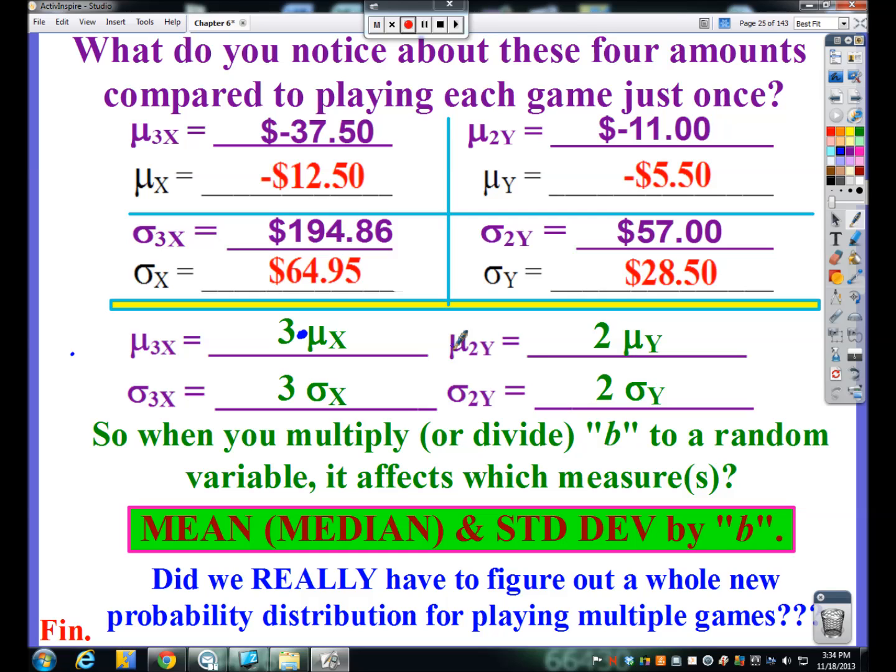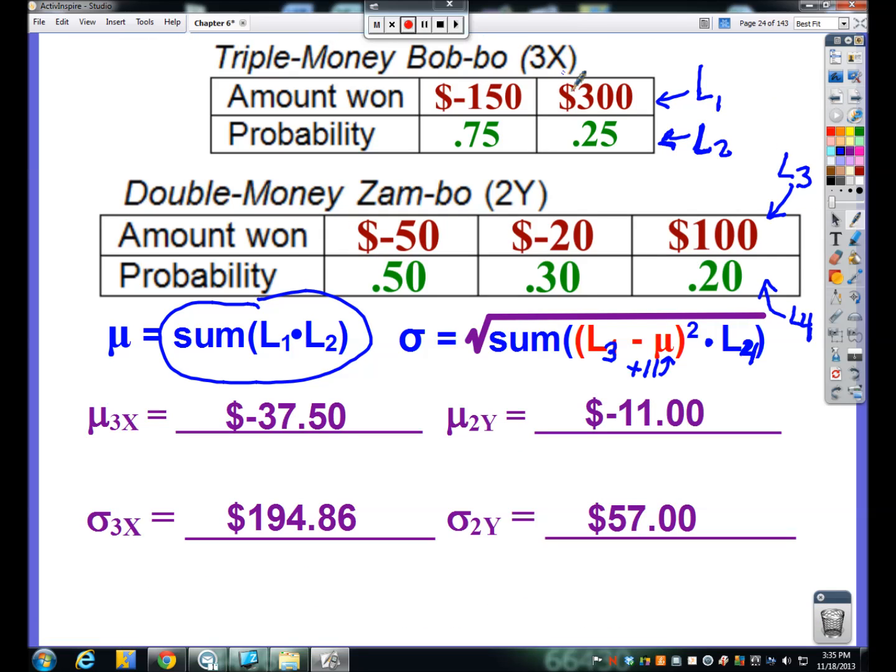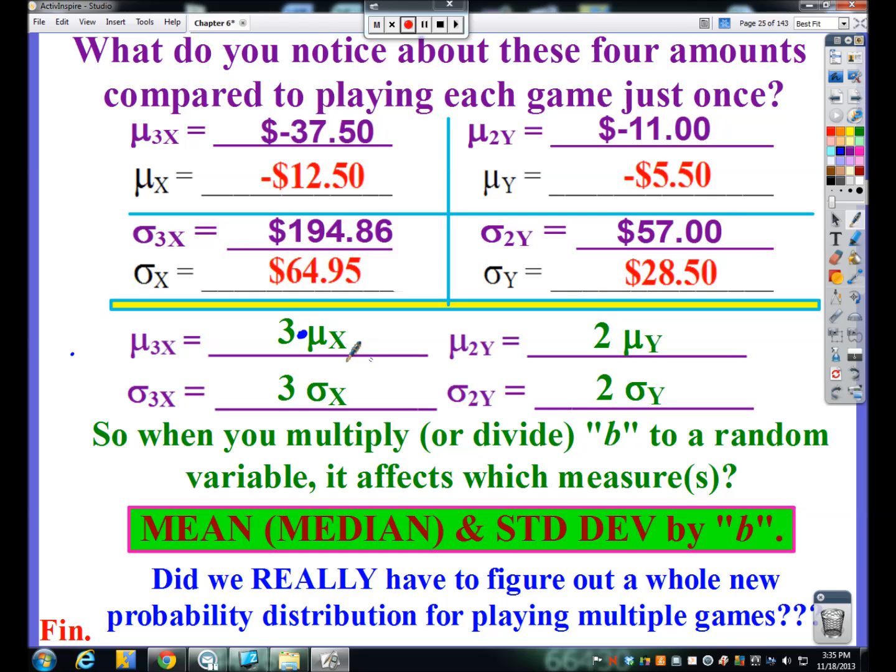So instead of winning $100 and instead of losing $50, well, we'll cut it in half to say, well, you could win 50 bucks and you could lose 25 bucks. Those would be the half versions of our original X. Then all I'd have to do is take half of the old mean and half of the old standard deviation, and there would be my new ones. So that's all we have to do in those cases.